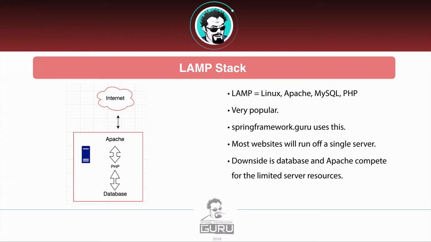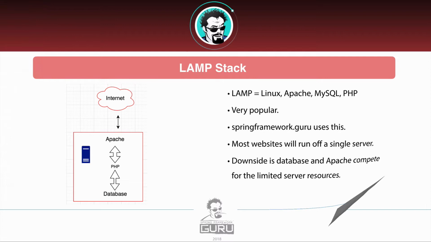I could probably quadruple the traffic on Spring Framework Guru and still not need to upgrade that database. So there's a lot of headroom there. The downside is what's happening here in this scenario is Apache and the database, the MySQL software, are competing for the limited resources of that server.